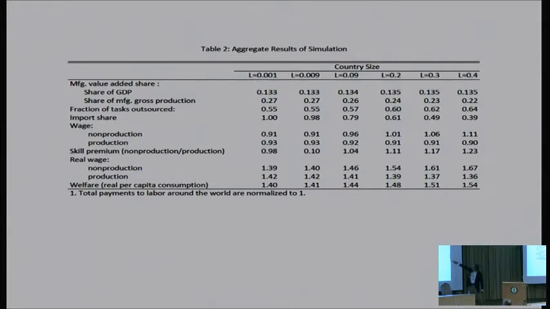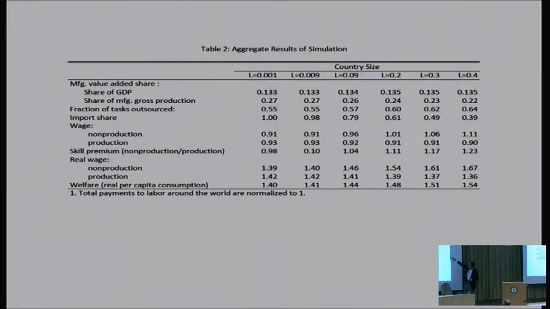We get our fraction of tasks outsourced, about 60% of tasks are outsourced, more in the bigger countries. The bigger countries are more natural manufacturing places, and so they use more roundabout production because intermediates are cheaper there. When you look at the production wage here, it actually drives down the production wage in the big countries, but it drives up the non-production worker wage because they can't be outsourced, and they're near the place that's good at manufacturing.